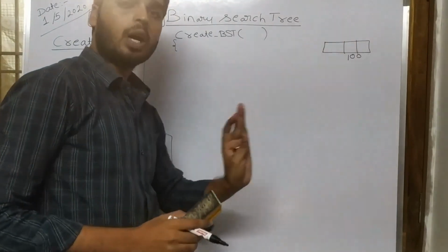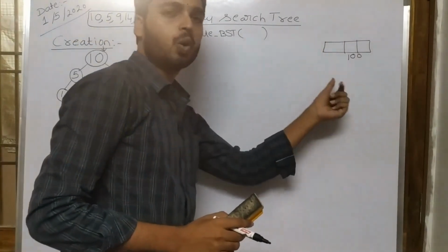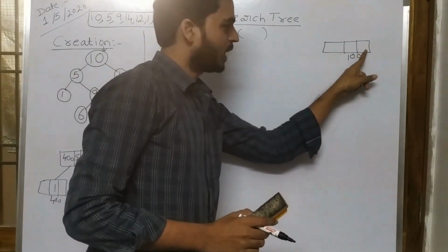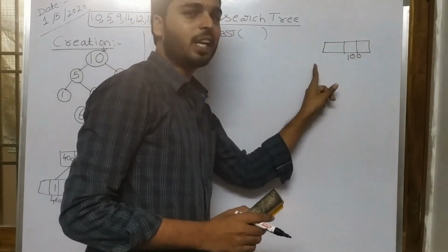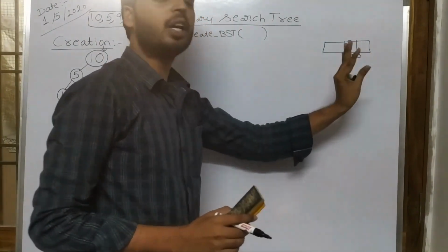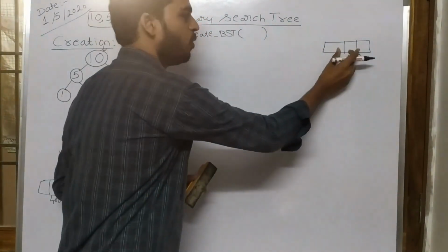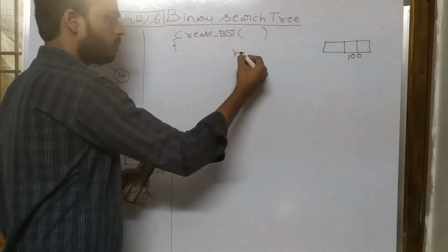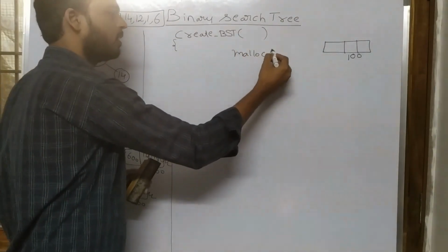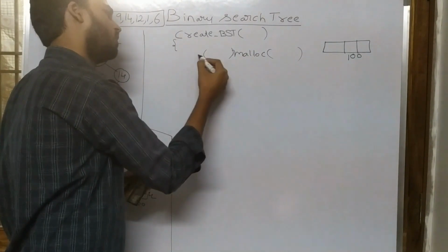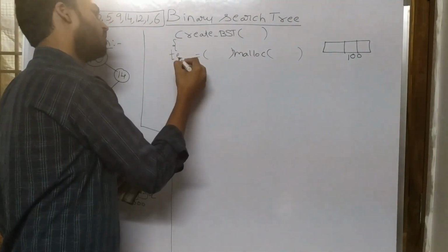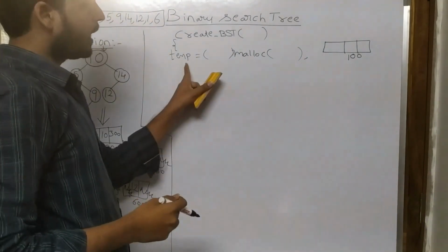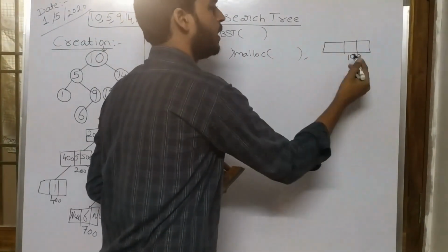You already know the logic: struct node, with a left link, int data, and a right link. Sorry, they are pointers, right? It is the structure that you already know. If you want to create a node, you need to use the malloc function that you already know, so I am not writing anything. So this line represents creation of a temporary node.